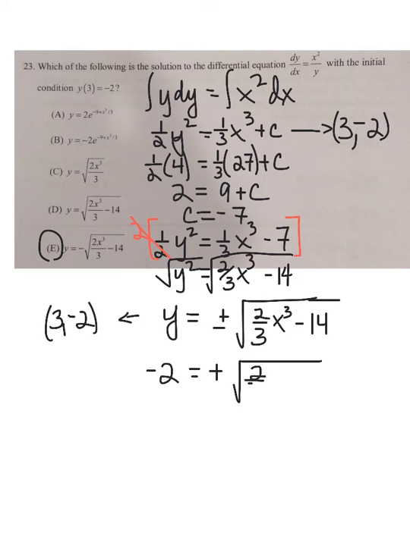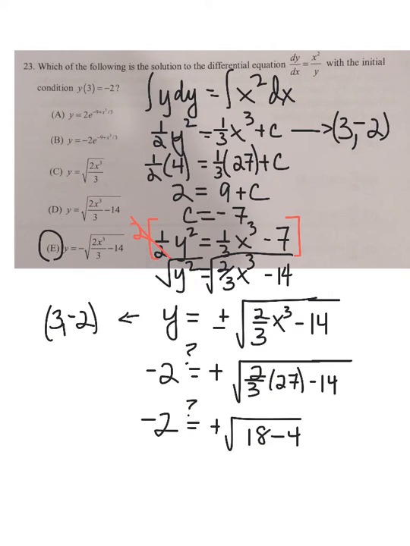So 2/3, I'm putting in 3 and cubing that, which is 27, minus 14. I don't know if this works, so I'm just going to put a question mark there, and let's see what we get. That's positive. What that gives me underneath the square root is 9 times 2, which is 18, minus 14.